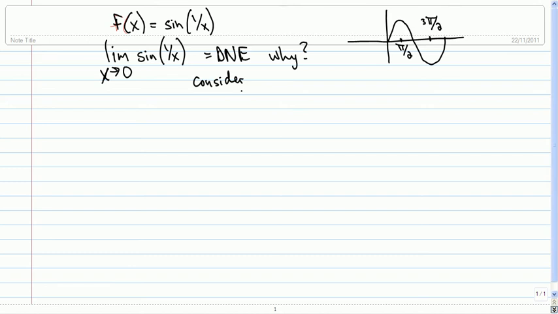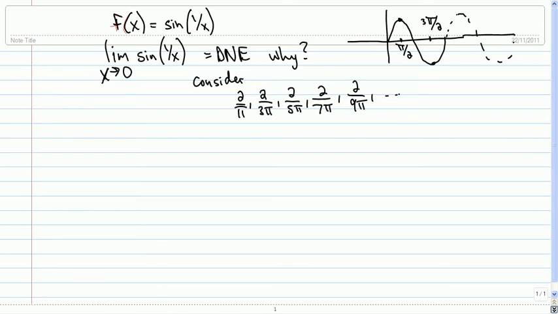So if I looked at the reciprocals, I could do 2 over pi, then 2 over 3 pi, and I'm going to keep moving along, going 2 over 5 pi. I keep hitting these points on the graph every time it repeats. So the next one will be 2 over 7 pi, and maybe I'll stop here and you'll get the point.